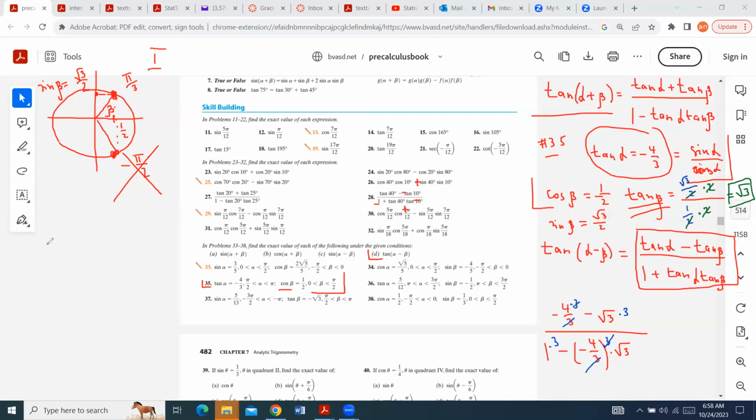So this is going to look nicer. So let's see what's left. -4 from the first piece. 3 square roots 3 from the second piece. Right? Then 1 times 3 is 3. Now 2 minuses is a plus. 4 radical 3. That's it. We have the answer.